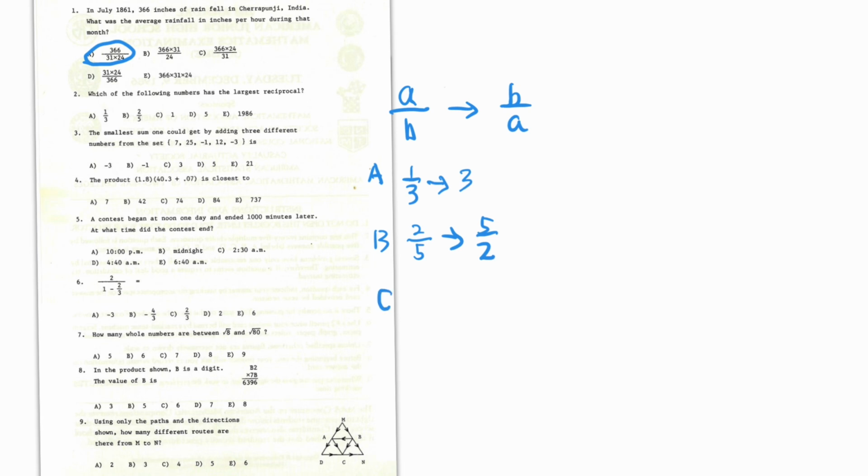For any integer A, the reciprocal is 1 over A. So C's reciprocal is 1 over 1, that's 1. D's reciprocal is 1 over 5. E's reciprocal is 1 over 1986. So the largest reciprocal is 1 over 3. So the answer is A.